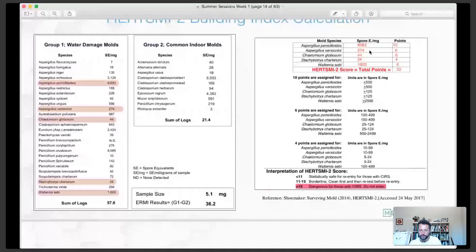As you look to the reference, 10 points are assigned with an Aspergillus penicillioides greater than 500. So this is really high, actually. The Aspergillus versicolor is 274. You look for that on the chart. That's coming here on the second category. You assign 6 points to that. The Chaetomium is 44. So you look for that. 44 is right in here. So that's 6 points for that.